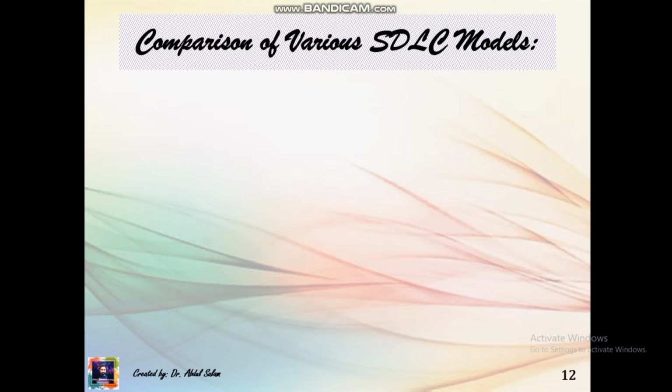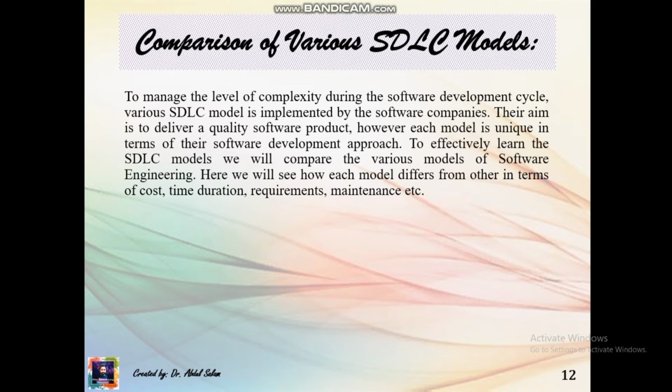Comparison of various software development lifecycle models. To manage the level of complexity during the software development cycle, various software development lifecycle models are implemented by software companies. Their aim is to deliver a quality software product. However, each model is unique in terms of its software development approach.